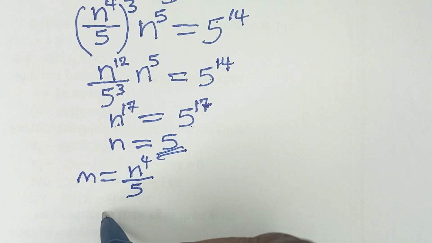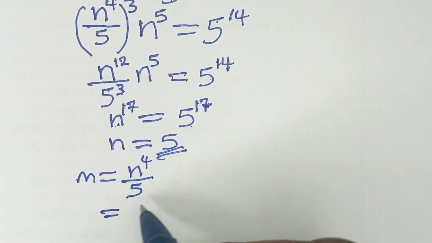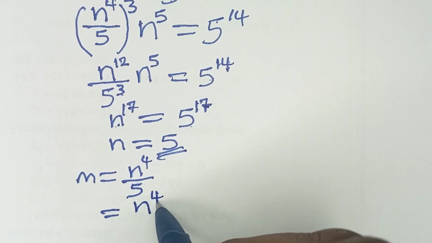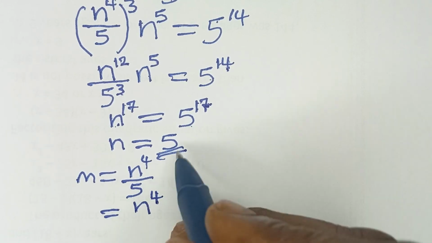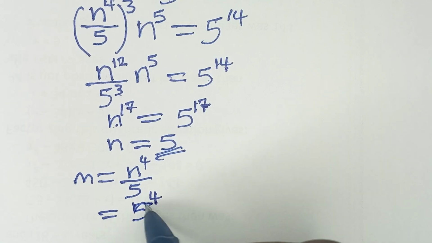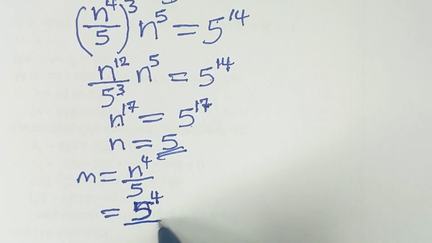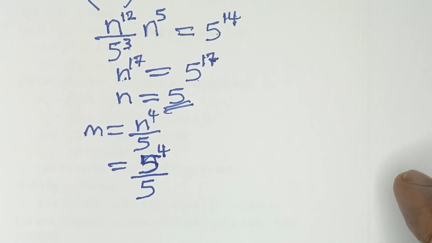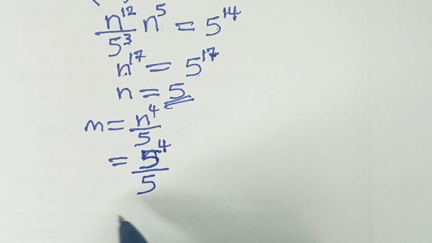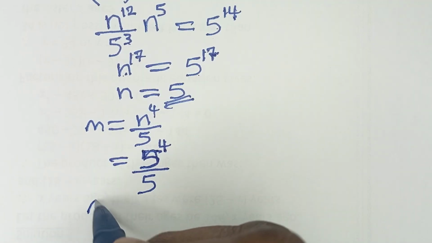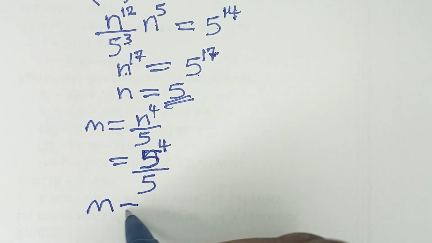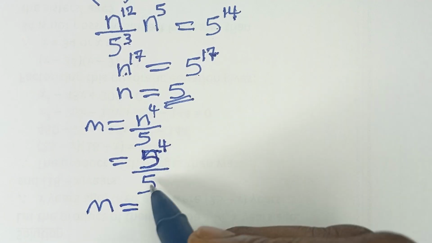So m is equal to 5 raised to power 4, all divided by 5. Don't forget we're looking for m.